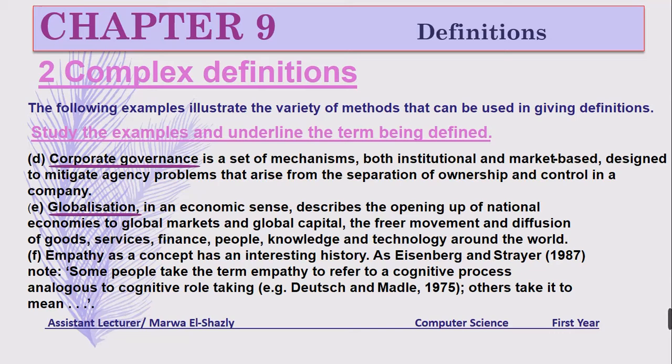As Eisenberg and Strayer 1987 note كتبوا, some people take the term empathy to refer to a cognitive process, a process related to the mind, عملية عقلية, analogous okay to cognitive role taking، مشابه للرول taking، role دور. So what is the term here? Empathy. Empathy التقمص العاطفي. okay.